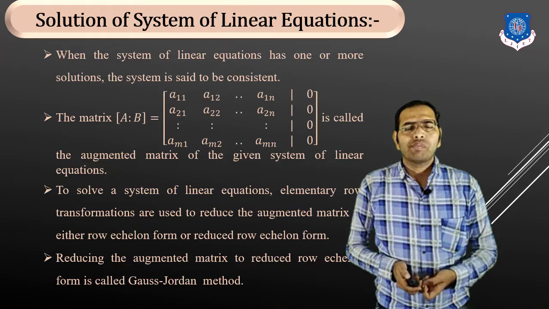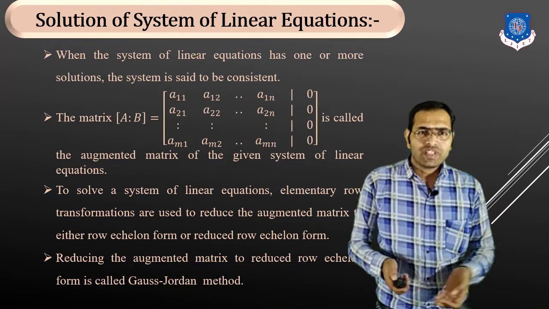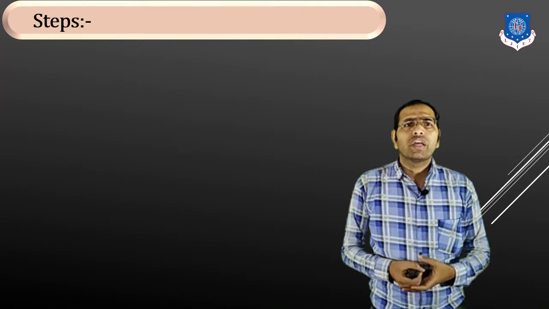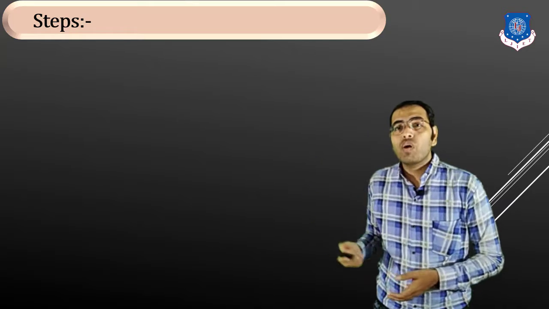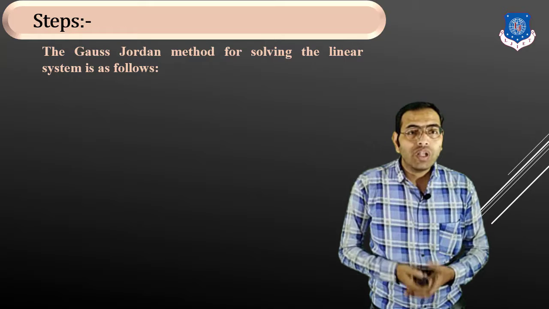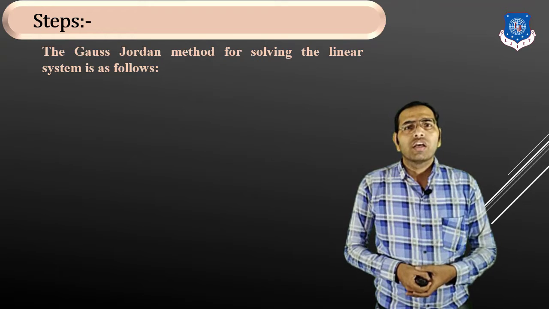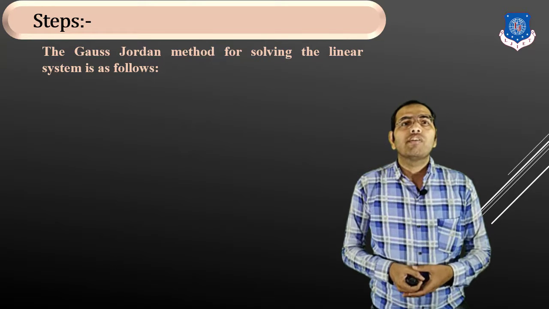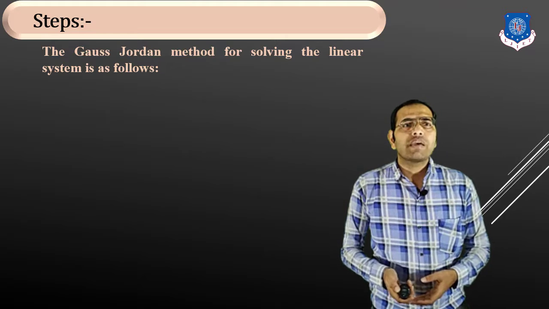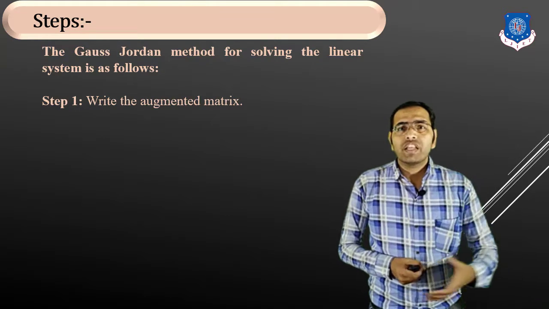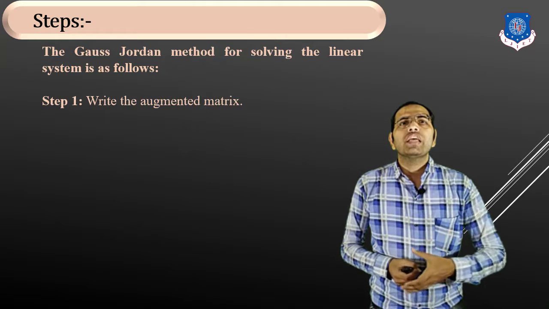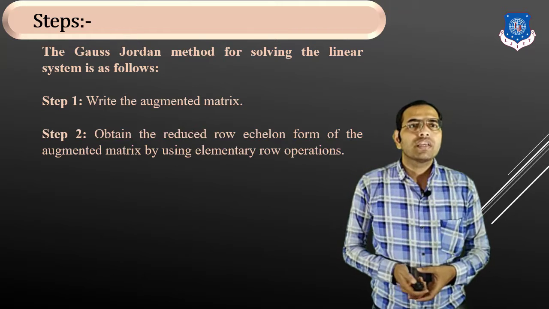In this particular example, we can apply the Gauss elimination method or the Gauss-Jordan method, as you like. These are the following steps to solve by the Gauss-Jordan method for the given system of linear equations. In step 1, firstly, whatever linear equations are given, write them in the form of an augmented matrix.